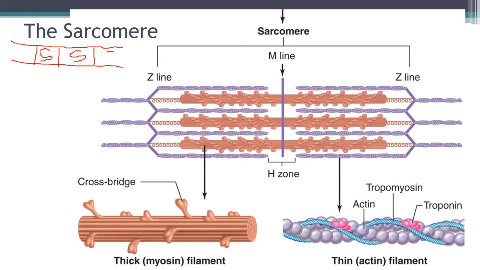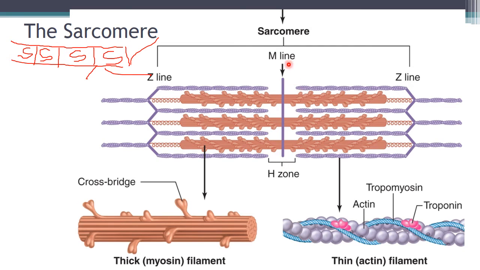And in the myofibril, these sarcomeres are arranged single file, or end to end. Okay, so if I pull out one of these sarcomeres, I'm going to see what I see on the screen here. So here we have an individual sarcomere.